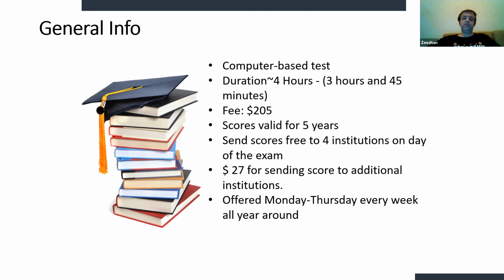So if you meet all these requirements, then you can get registered with the ETS website and pay for the exam. And then through ProctorU, you will receive an email that you can use to get a test date. And remember that for Fulbright scholarship, the deadline is July 15th, and that's the same date for taking your exam. So you should have taken the exam before that.